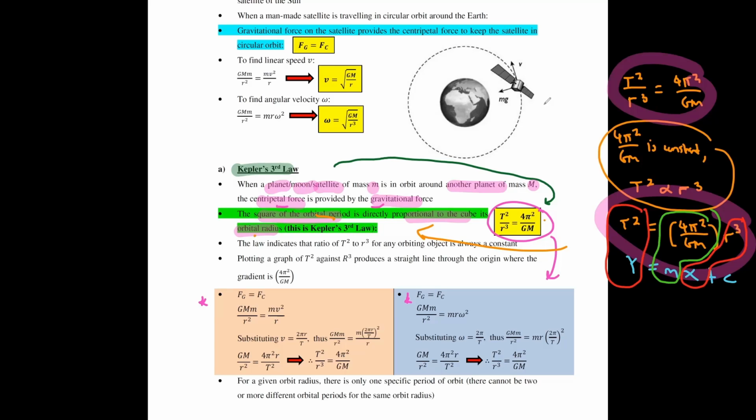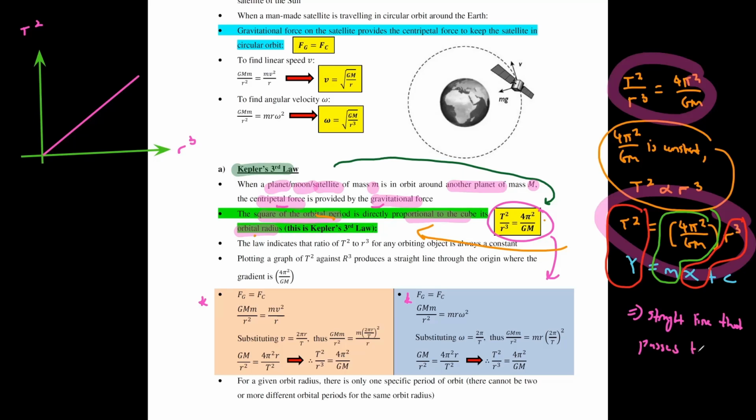All right. Now, if you were to plot a graph of, say, t squared versus r cubed, like the ones being shown right over here, what you're supposed to get is a straight line that passes through the origin.